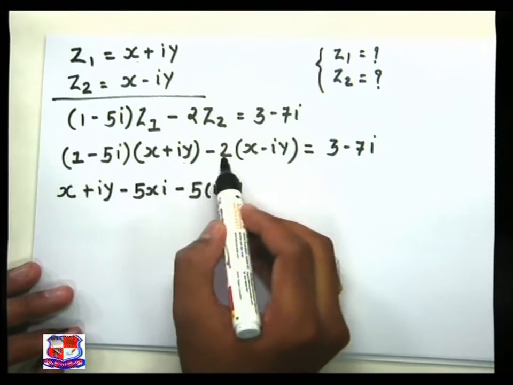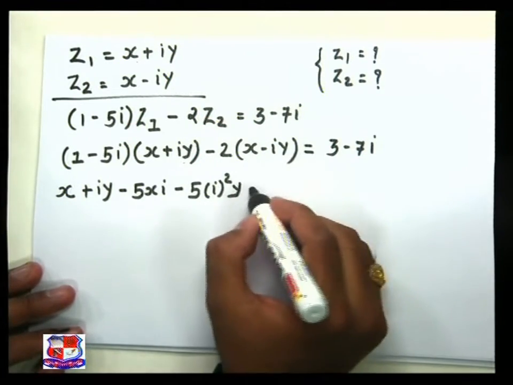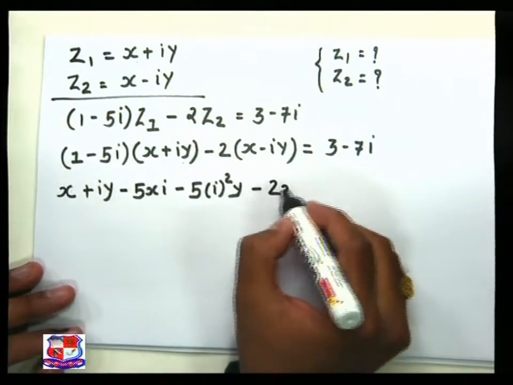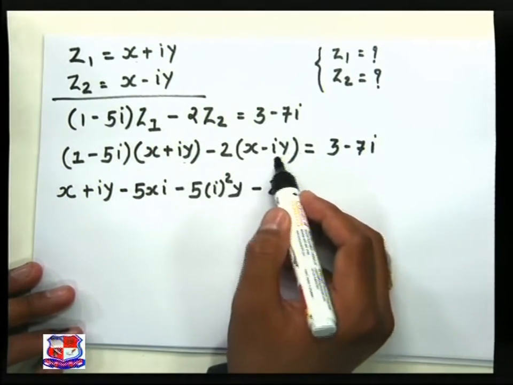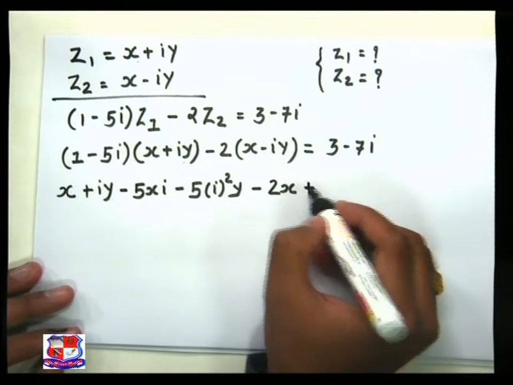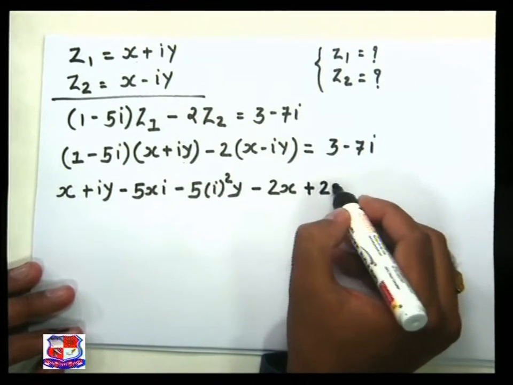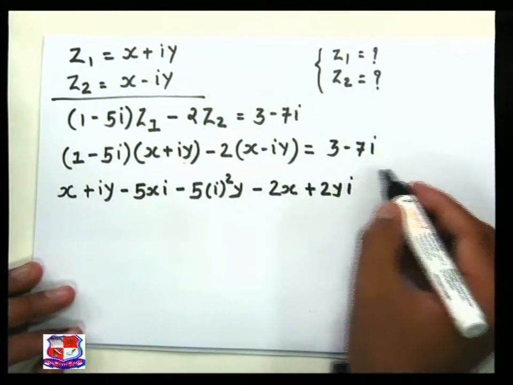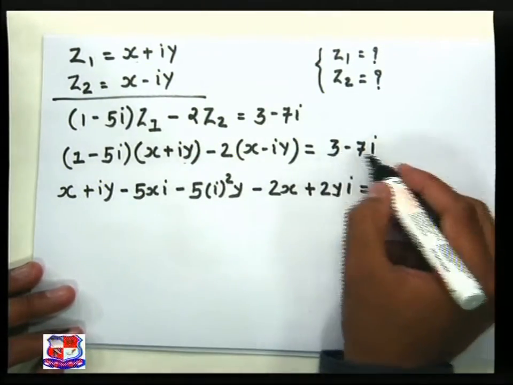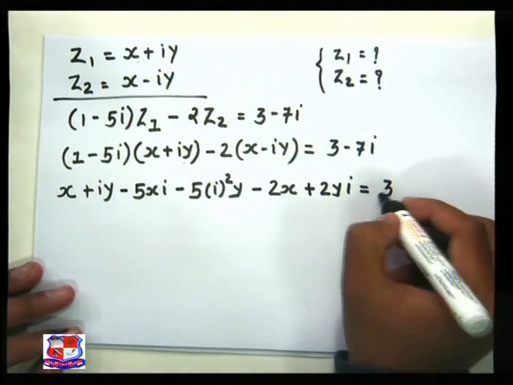Now minus 2 into x is minus 2x, minus 2 into minus iy, minus minus becomes plus, so 2yi, is equal to 3 minus 7i as it is.